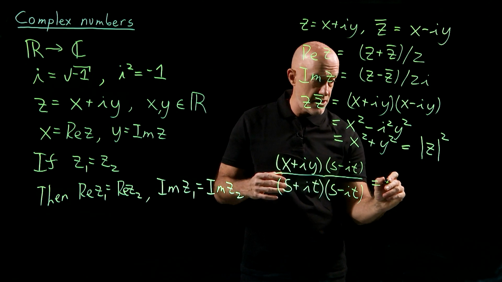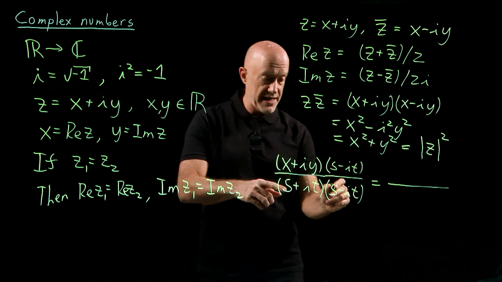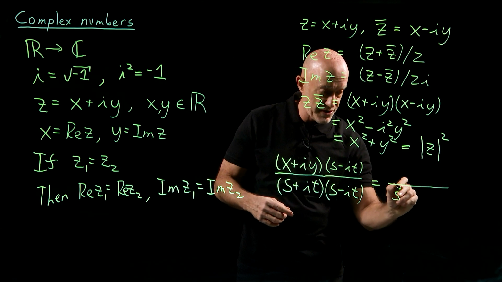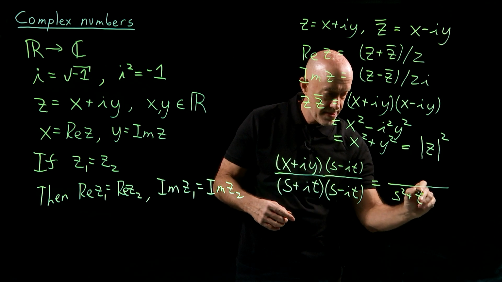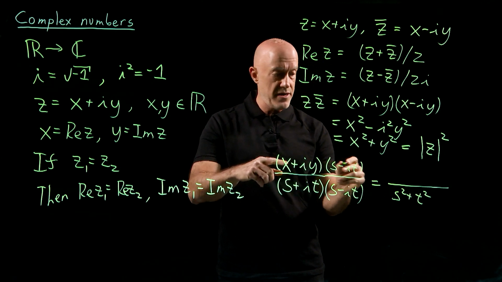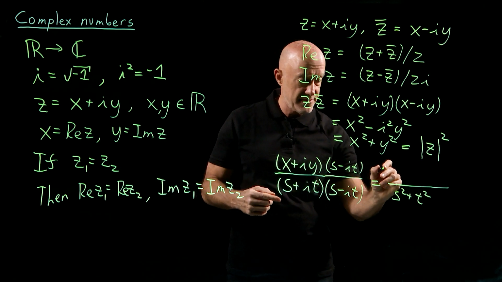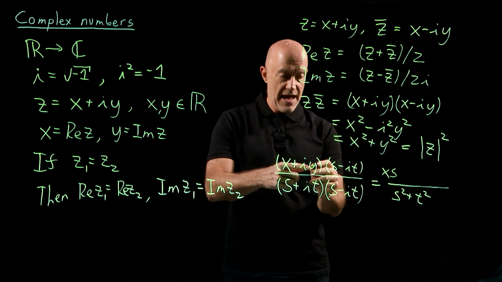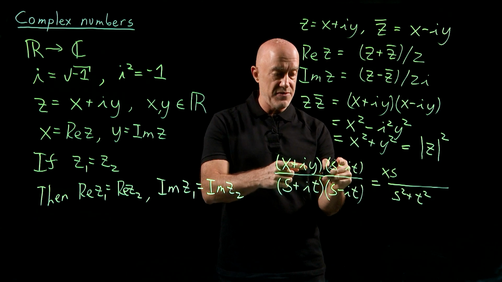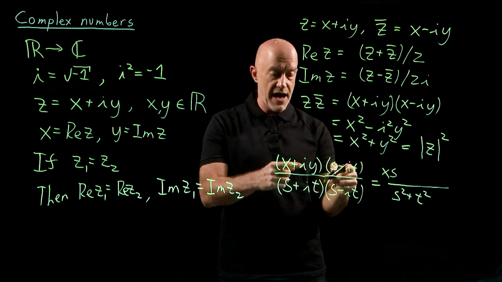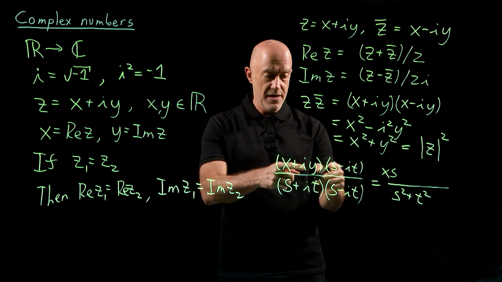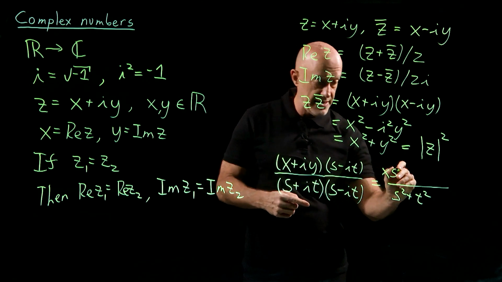The denominator becomes s squared plus t squared, which is real. And the numerator becomes, the real part would be x times s. And then iy times negative it. So the i squared becomes minus 1. So that becomes plus yt.